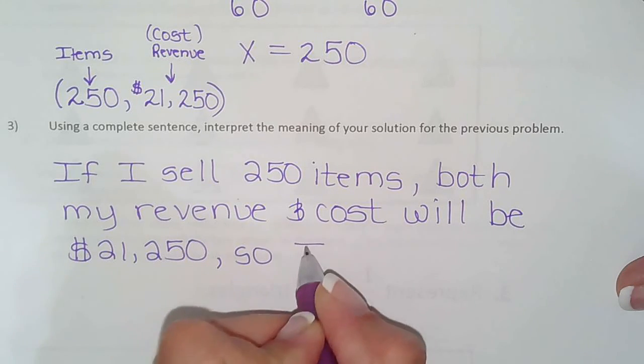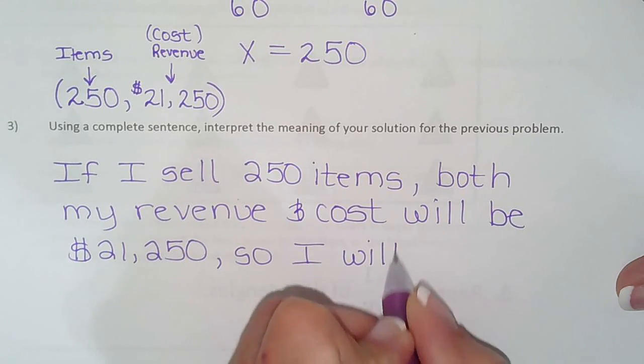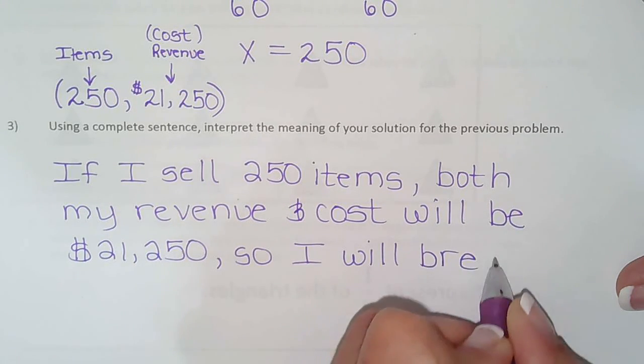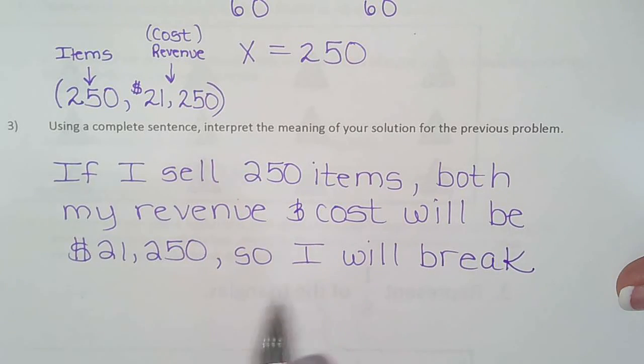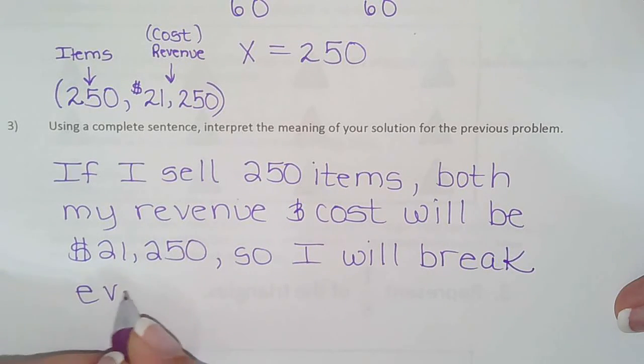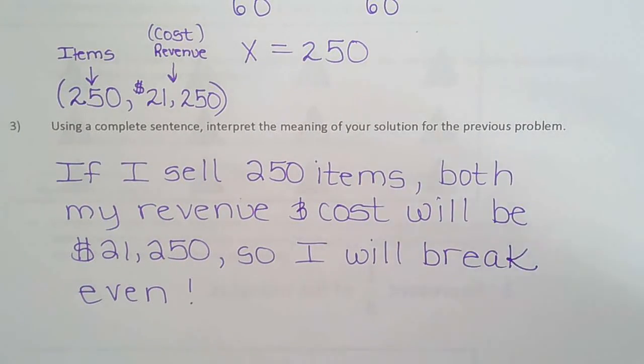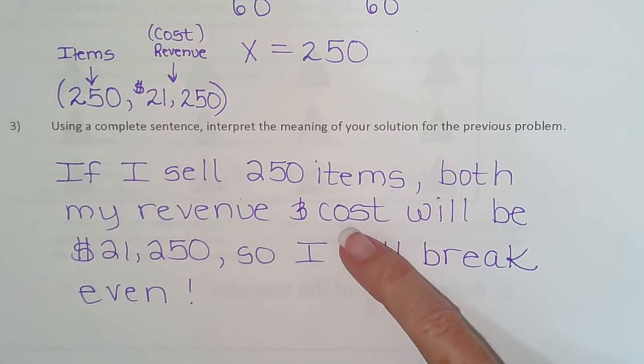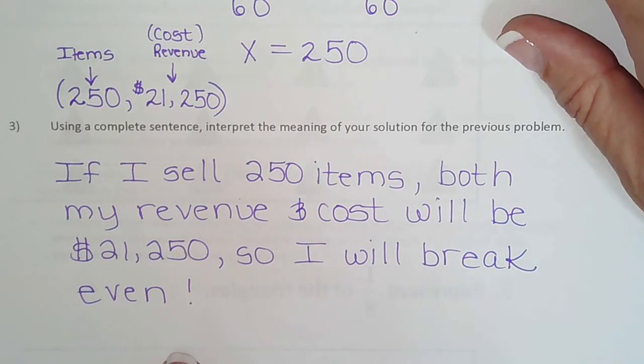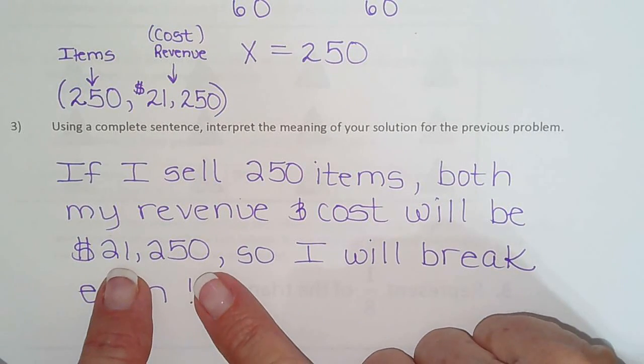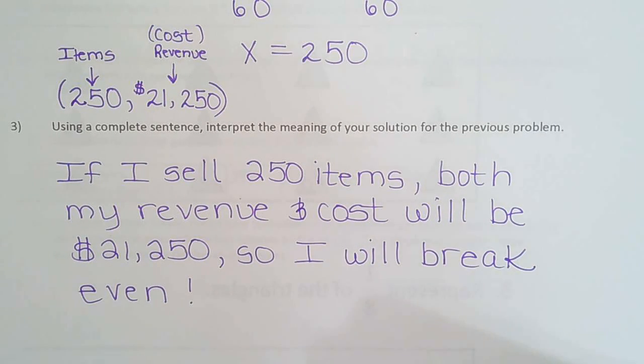So I will break even. So sell 250 items. The revenue and the cost, as we showed above, will both be 21,250, which means I have broken even.